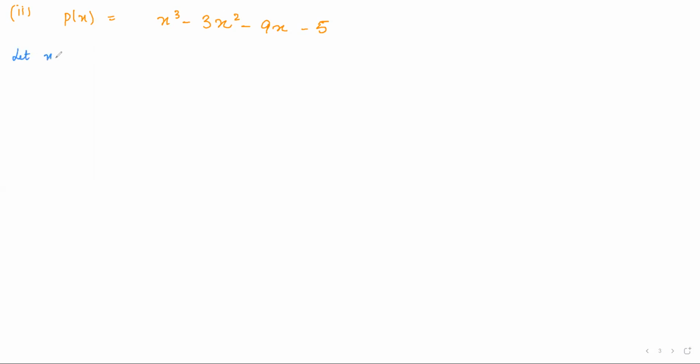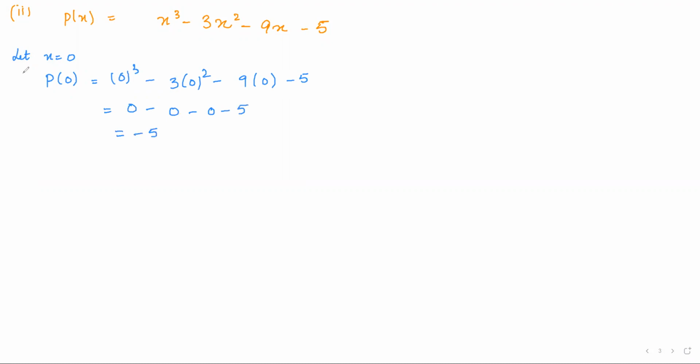Let x is equal to 0. So let us check p at this value. So I get 0 cube minus 3 into 0 square minus 9 into 0 minus 5, which is 0 minus 0 minus 0 minus 5, which is minus 5, right? Which is not equal to 0.